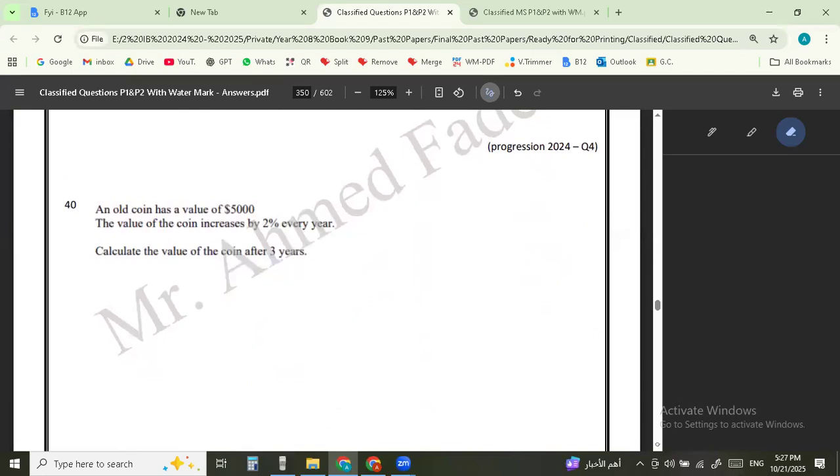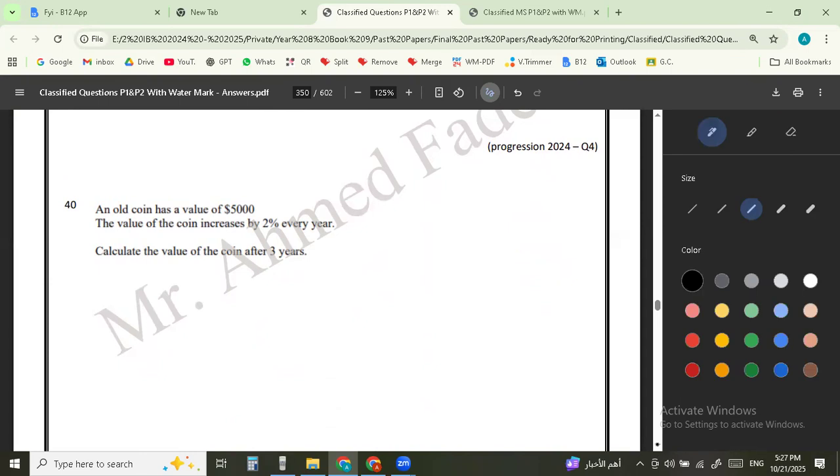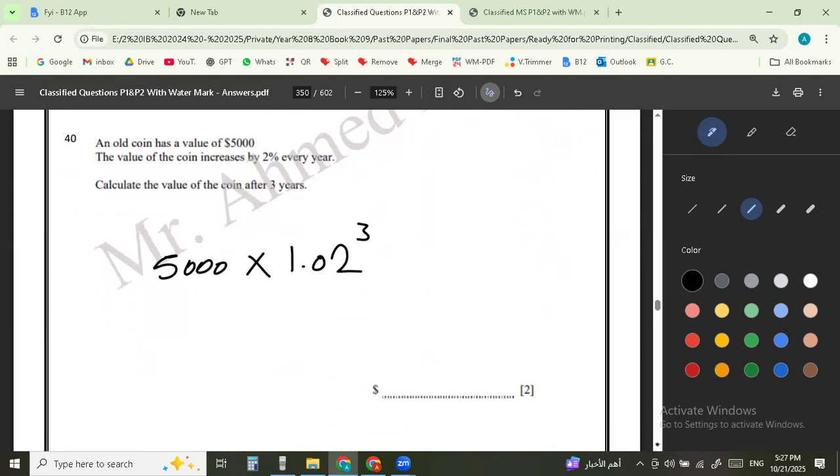An old coin has a value of $5,000. The value of the coin increases by 2% every year. So 5,000 times increased by 2%, that's 1.02. It is 102%, but the value of 100 is 1.02. But they want you to calculate the value of the coin after 3 years. So what is the answer going to be?